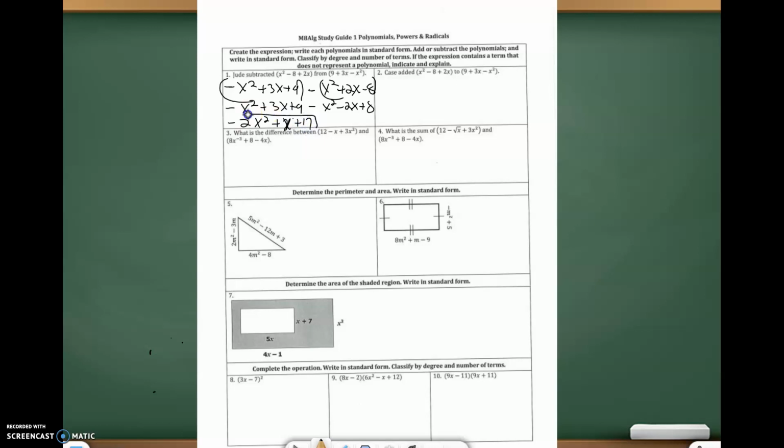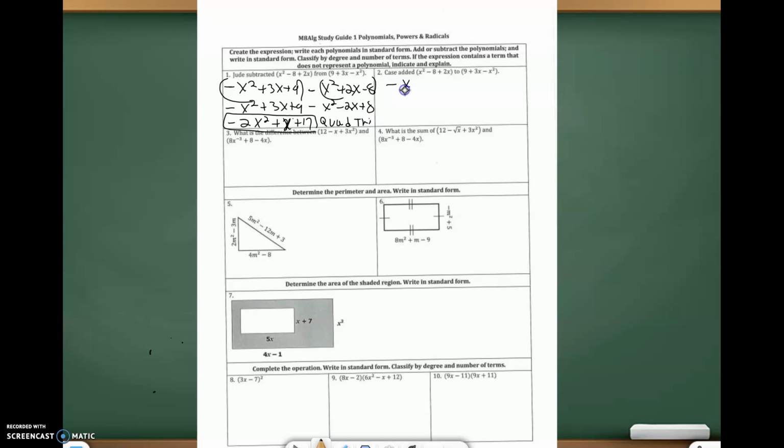Okay, so there's my answer. I also want you to name this, so this is a quadratic trinomial.